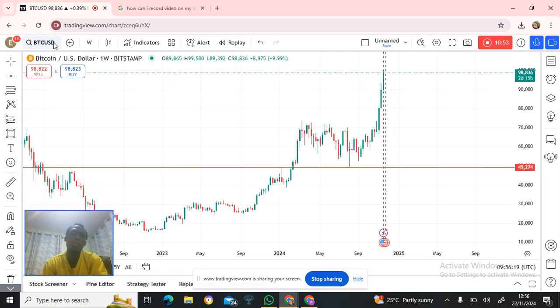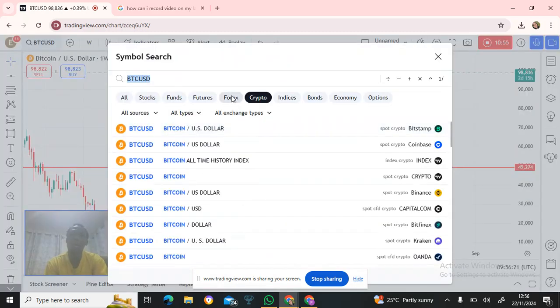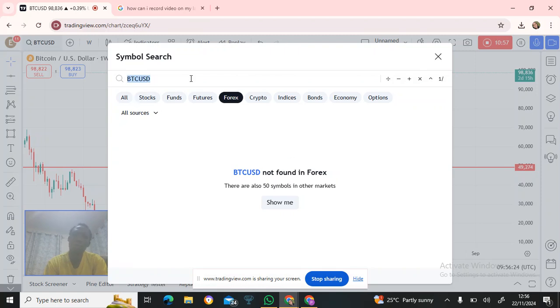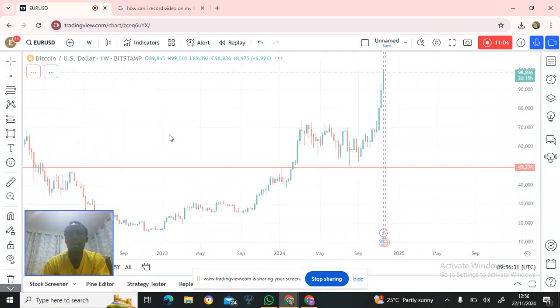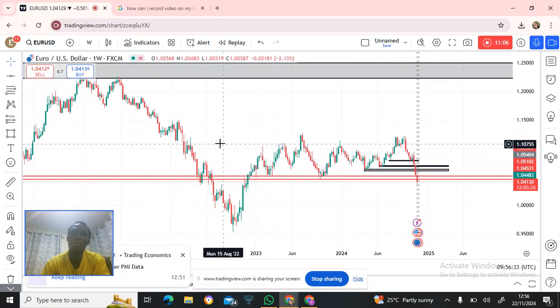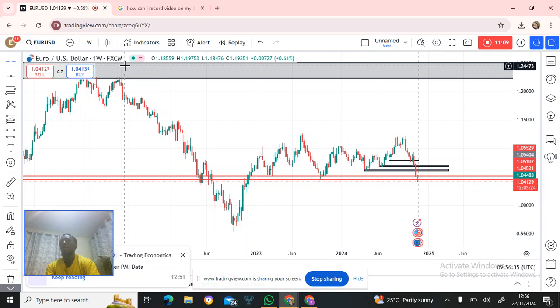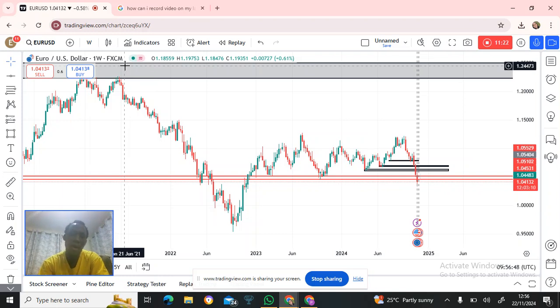Now, the difference between the stock market and forex trading, this is where the confusion comes in. When we come to forex trading, we apply the same concept. We buy low, we sell high. You know when you are traveling from one country to the other, you have to change your local currency to the international currency.